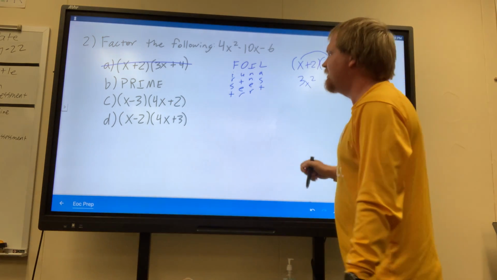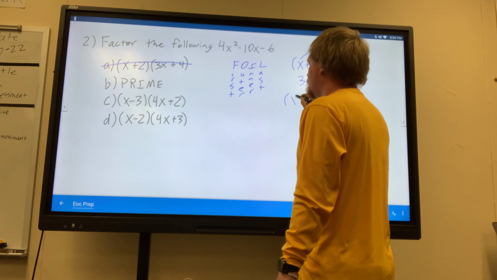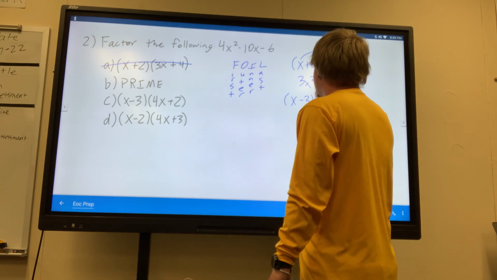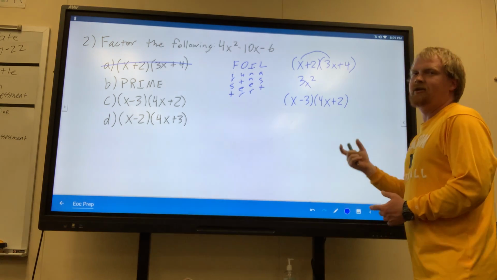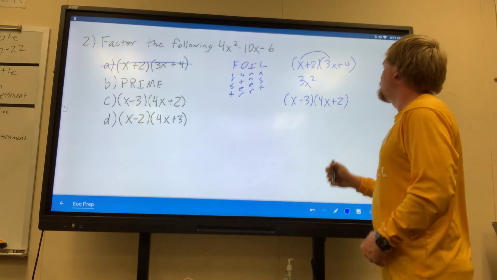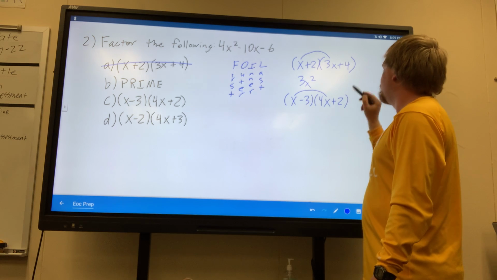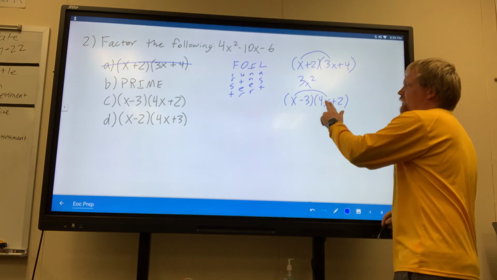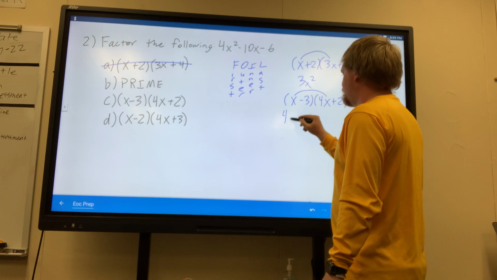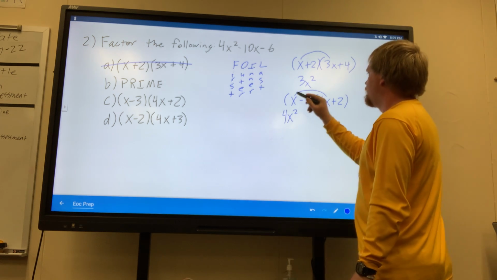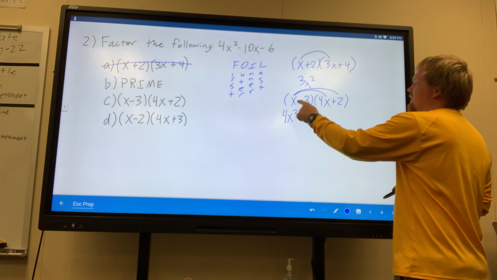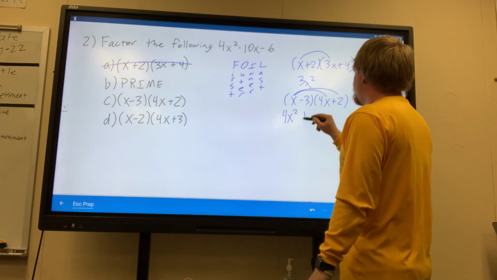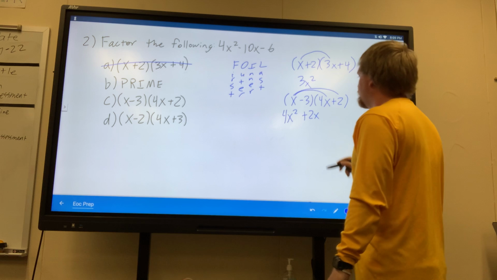So let's look at C real quick. And what I'm trying to do, if I FOIL this, it should hopefully match up. So for example, my first term is x and 4x, which gives me 4x squared. Now I want to do my outside term, which is the x and the 2, which gives me plus 2x.